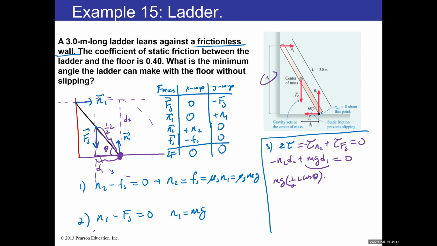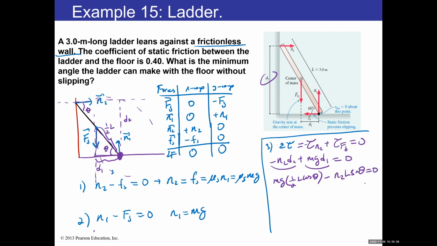Minus, now let's look at this term. What is D2? This theta is the same as that theta, and D2 becomes the opposite side to that angle, where the hypotenuse is the entire length of the ladder L. So this becomes N2 L sine of theta equals 0.